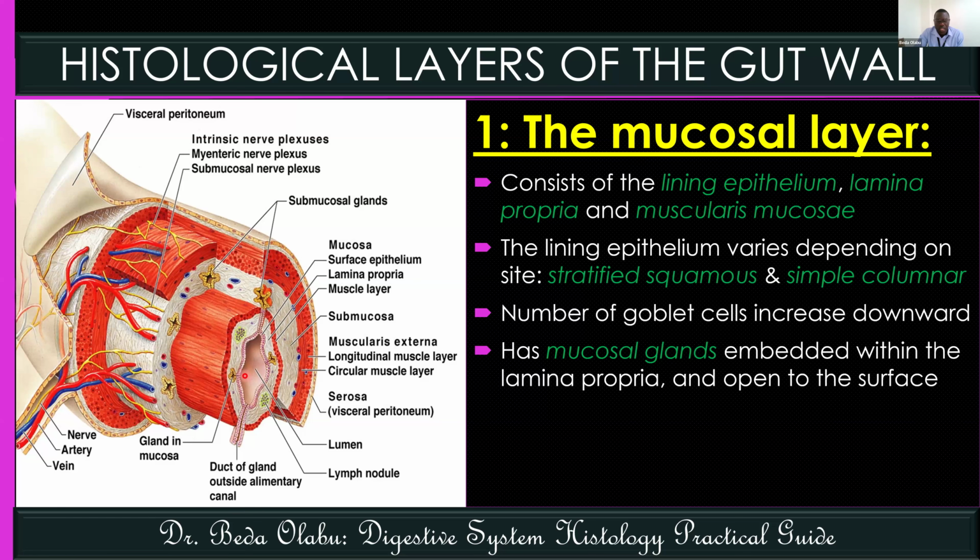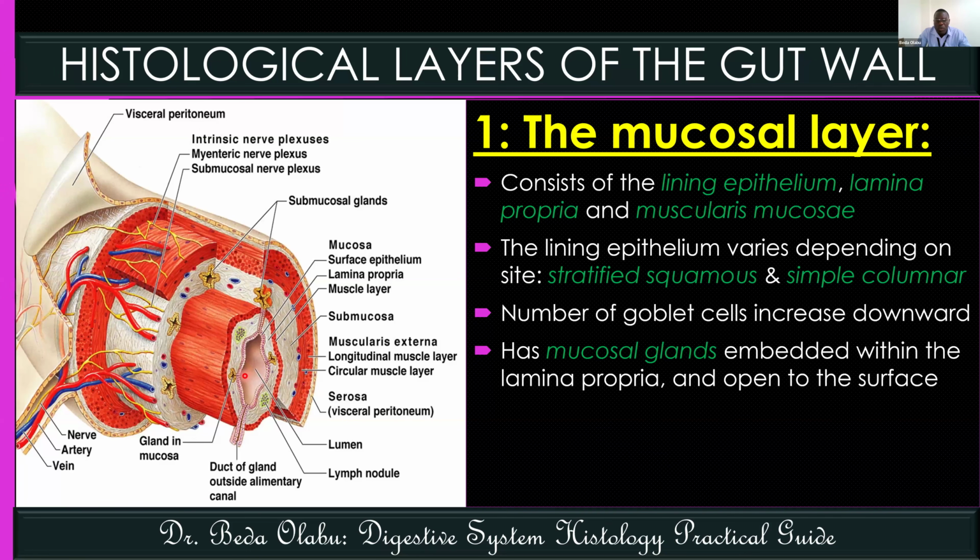A point to note again is that the GIT has mucosal glands. You can have a lot of them in the stomach. The ones in the stomach are particularly called the gastric glands. We also have a number of them within the intestines. The ones in the intestines are called the intestinal crypts of Lieberkühn.